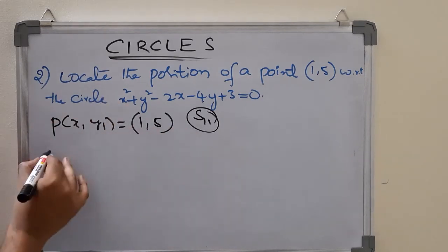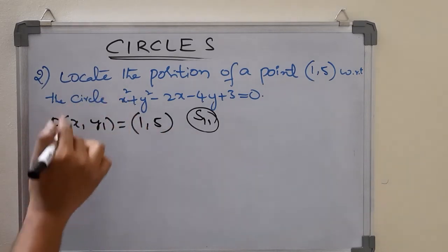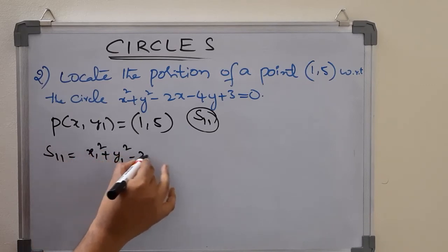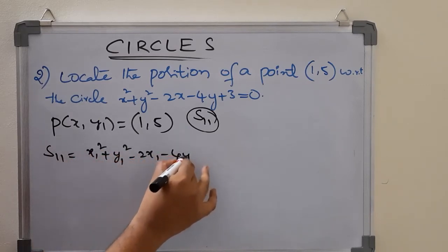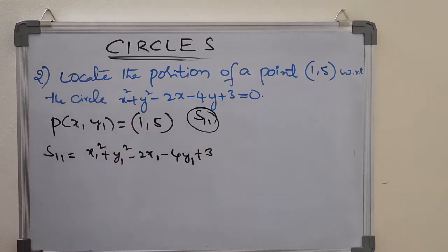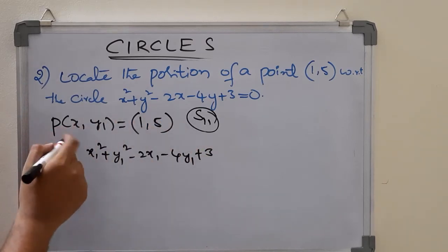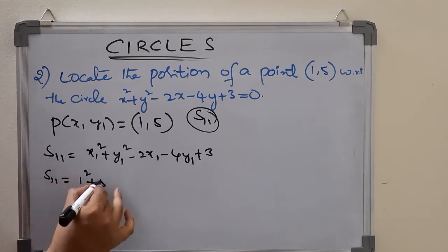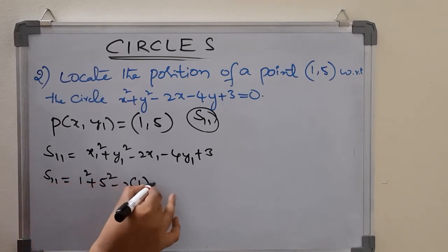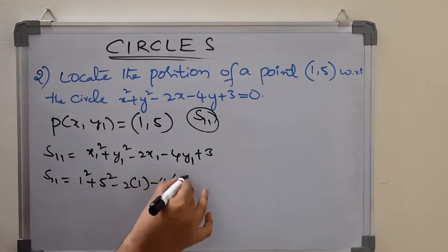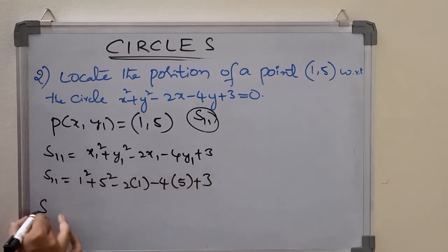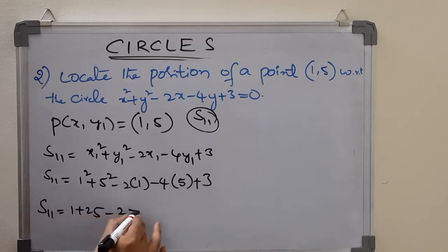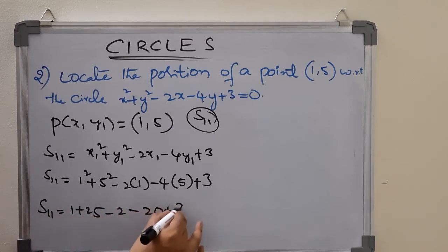So S11 for this equation becomes x1 square plus y1 square minus 2x1 minus 4y1 plus 3. Substitute the values of x1, y1 here. 1 square plus 5 square minus 2 into 1 minus 4 into 5 plus 3. S11 becomes 1 plus 25 minus 2 minus 20 plus 3.